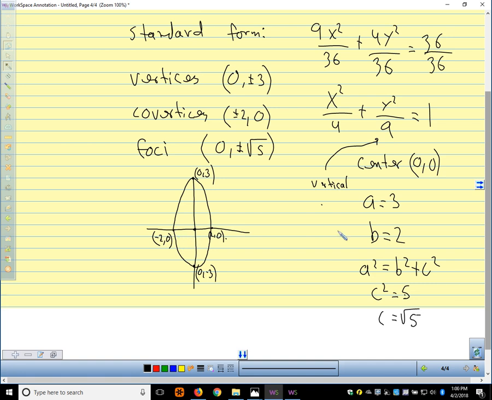There's a rough sketch of that ellipse. And if you did a sketch something like that on a quiz or a test, that would be fine. And all of our questions are some combination of this information to find out other pieces of that information. All right, questions?